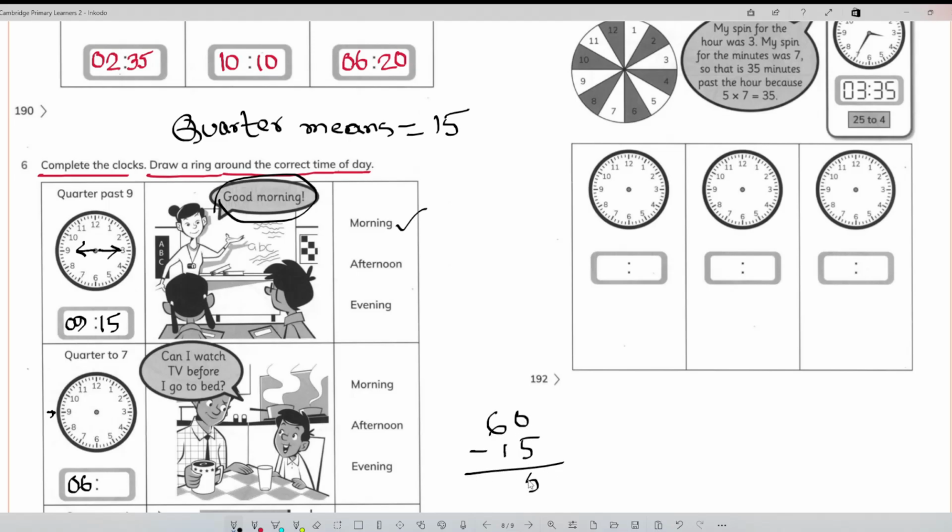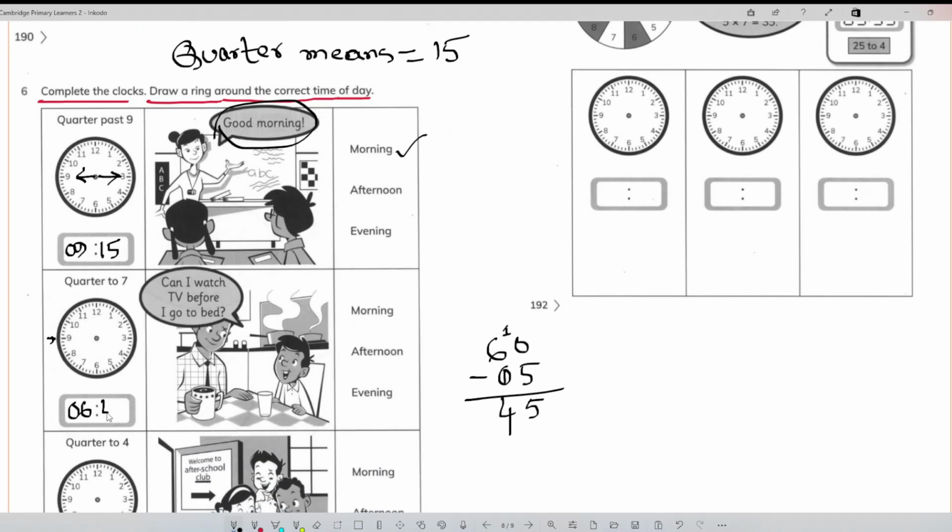From 0 we cannot subtract 5, so we take 1. 10 minus 5 is 5, carry 1, so it will be 2, 6 minus 2 is 4, so 45. So 6:45 is similar to quarter to 7. So we can write 6, slightly changed toward 7, and 45 means 9, right?